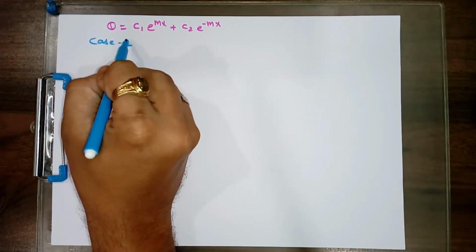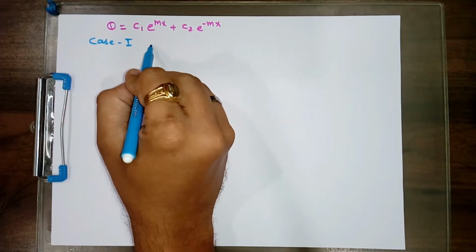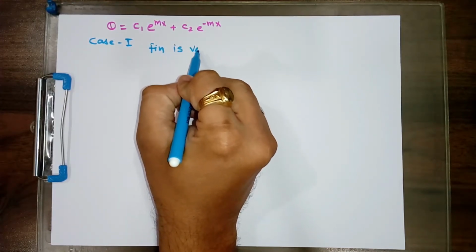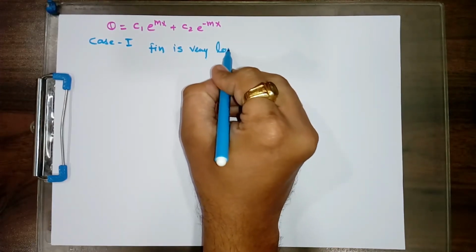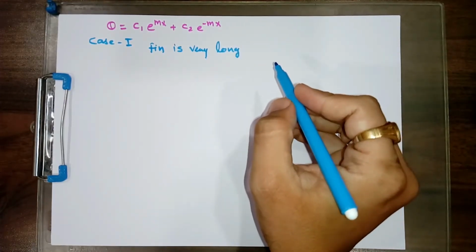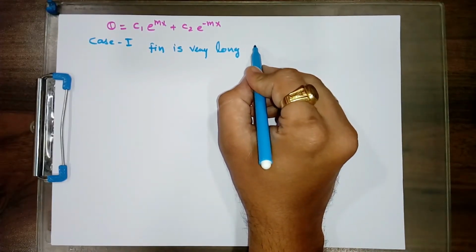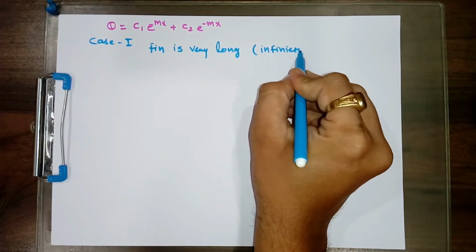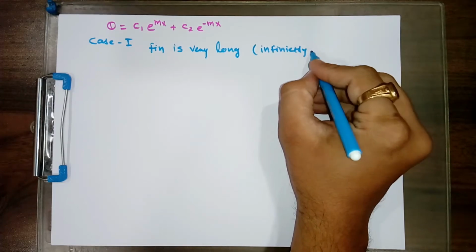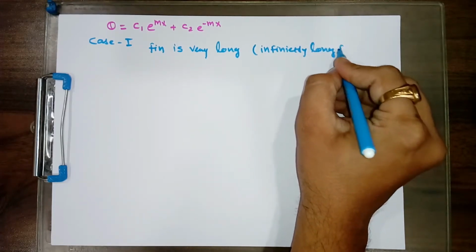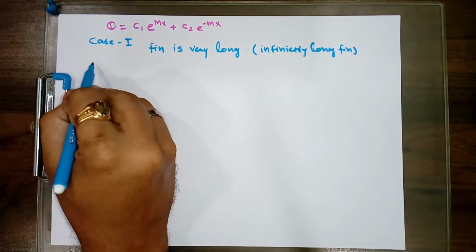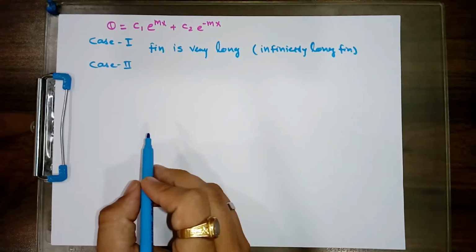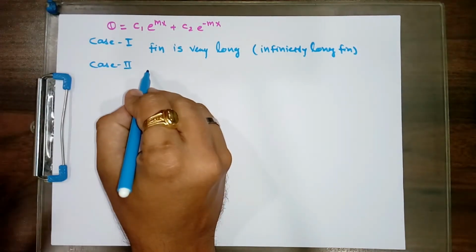Case 1 is a fin that is very long, or we can write it as the infinitely long fin. Case 2 is a fin with the insulated tip.